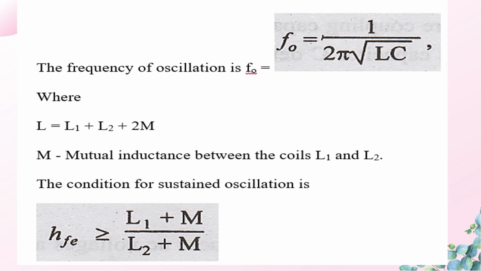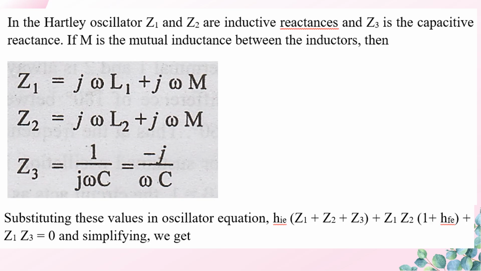Now the condition for sustained oscillation is hfe should be greater than or equal to L1 plus its mutual inductance divided by L2 plus its mutual inductance. In the Hartley oscillator, Z1 and Z2 are inductive reactances and Z3 is the capacitive reactance.